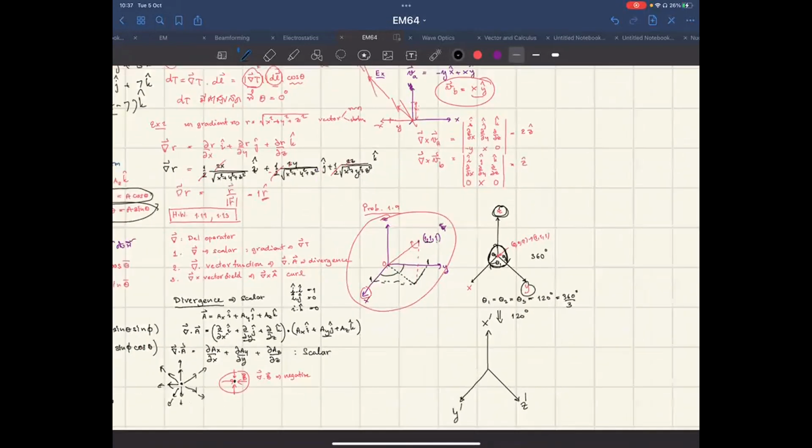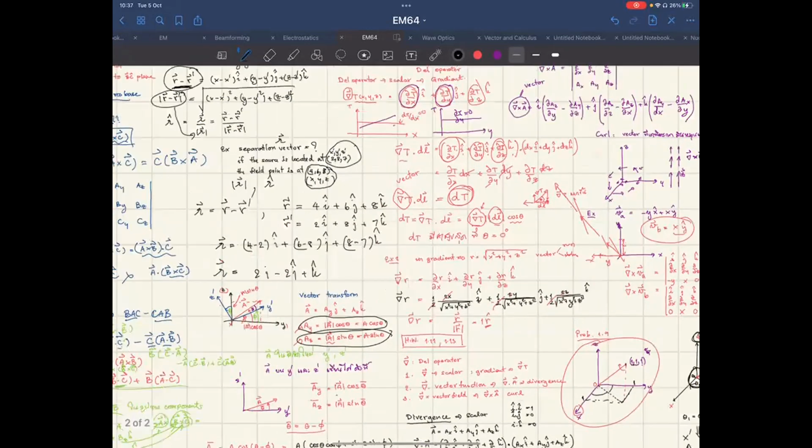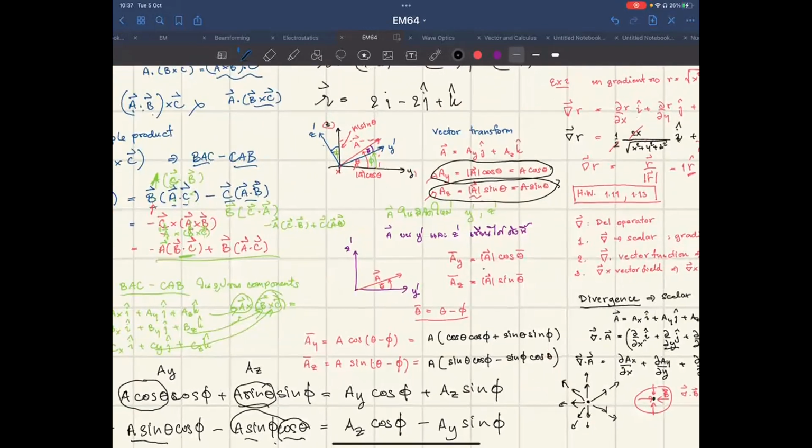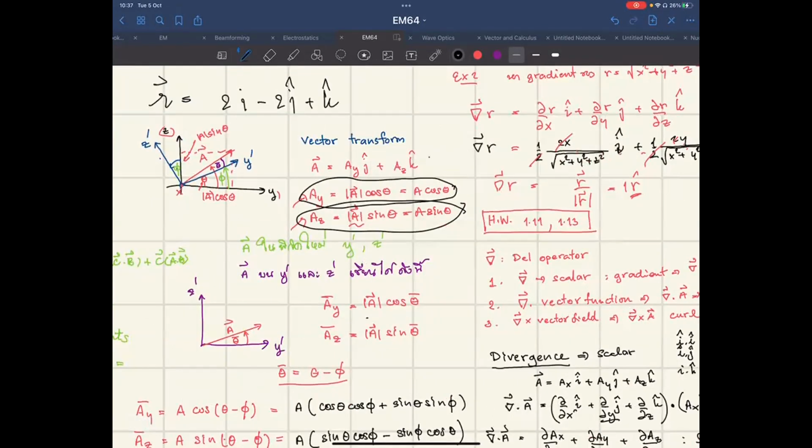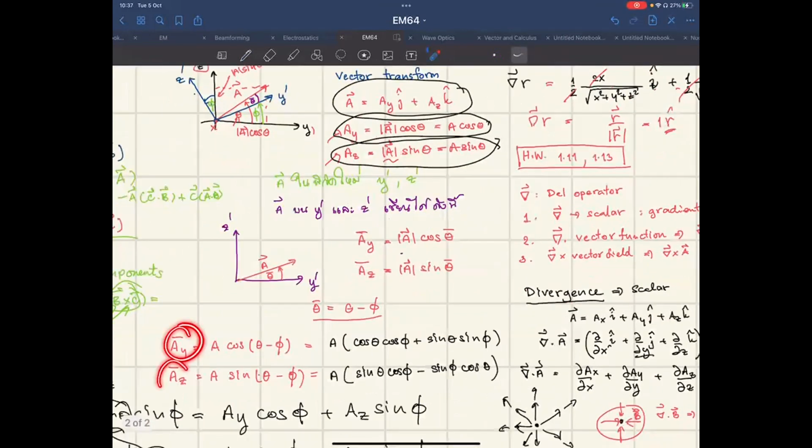Okay. So next, if we come back to what we did last time when we rotate something, we have to come up with this thing, the original vector, right? This thing is the original vector. And what happened here? We want to find what the AY and AZ are after the rotation, right?